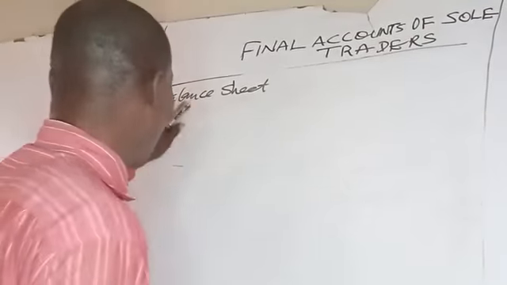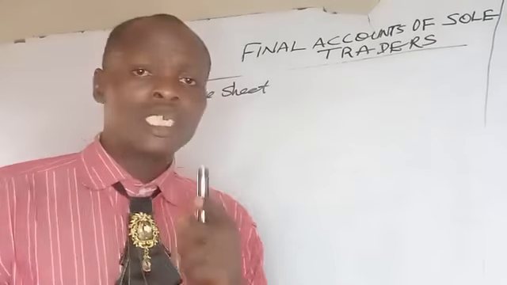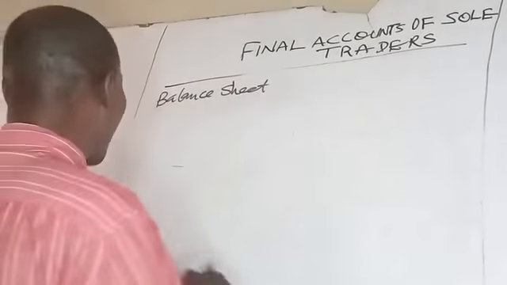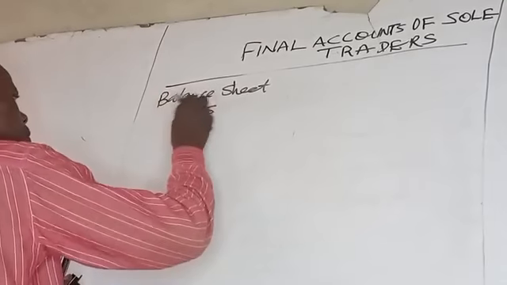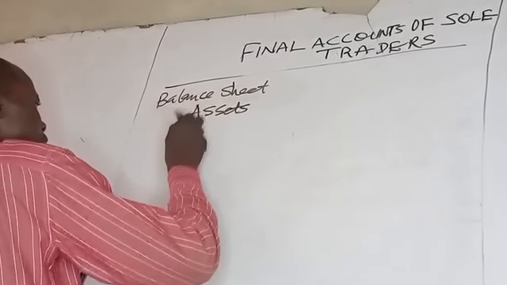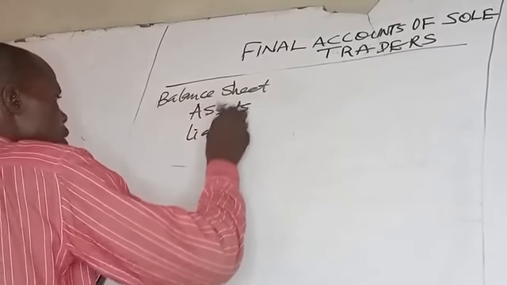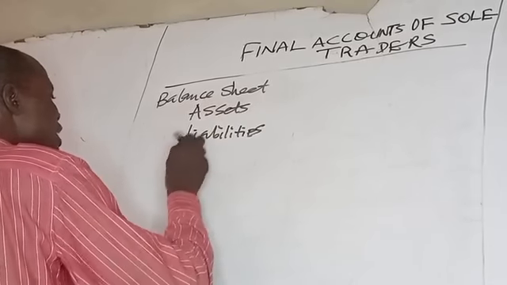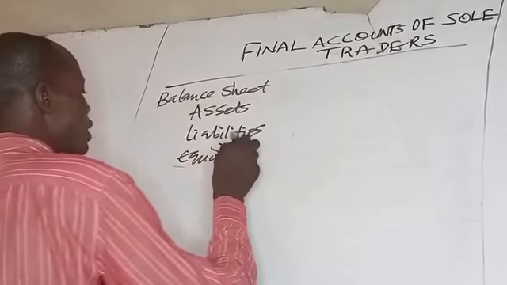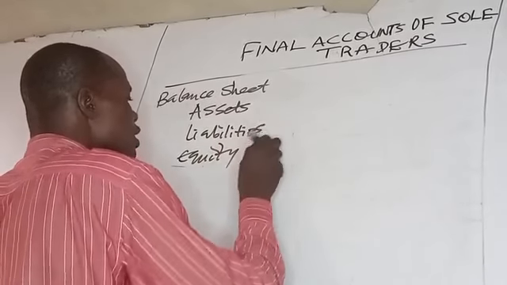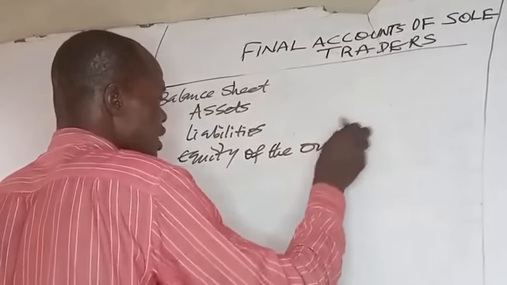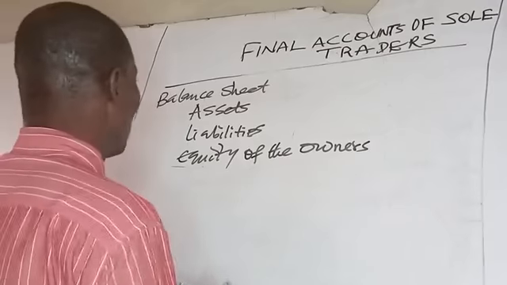That is balance sheet. Balance sheet shows the assets, liabilities, and equity of the owners. It shows what?